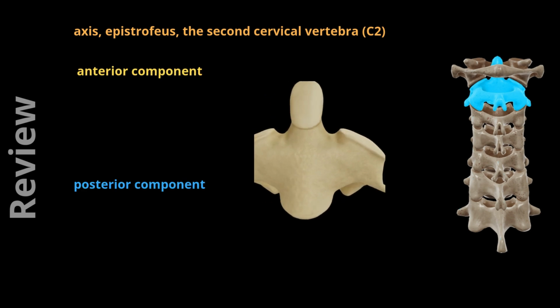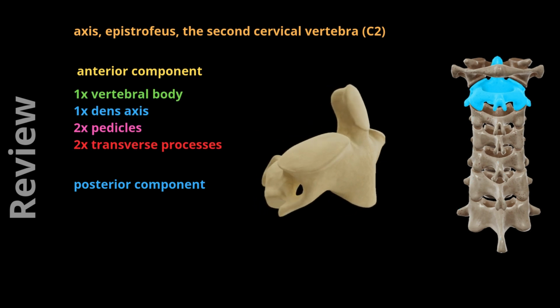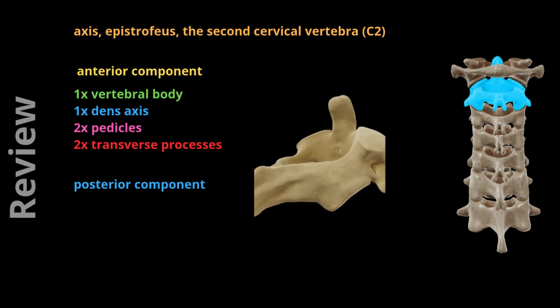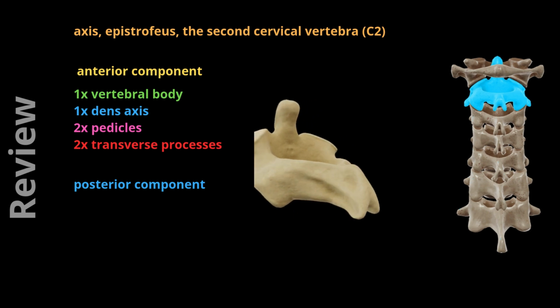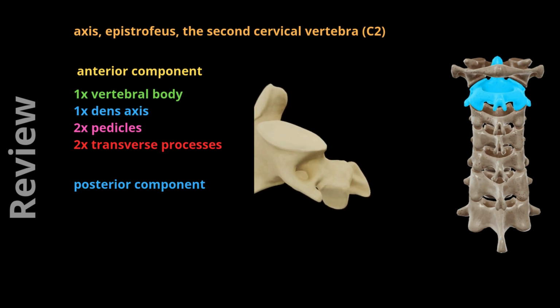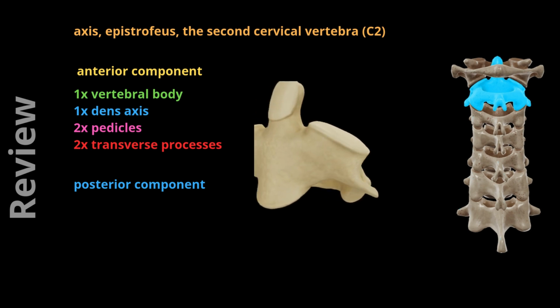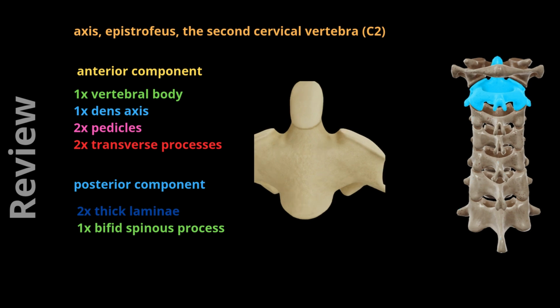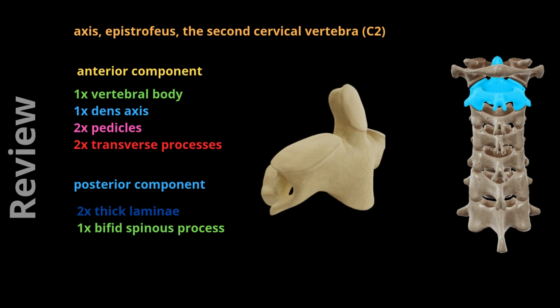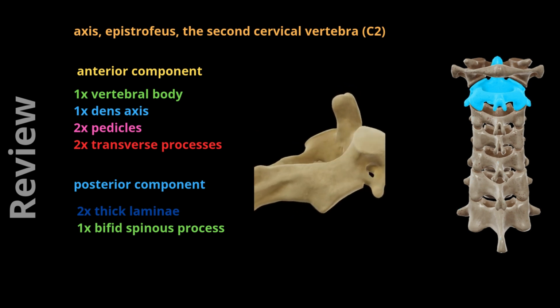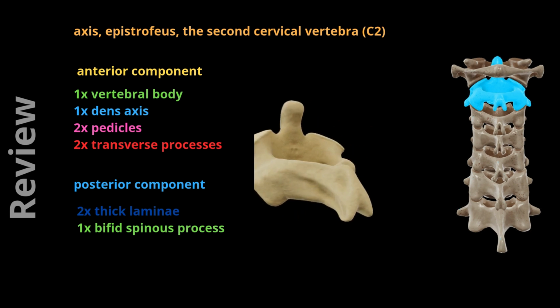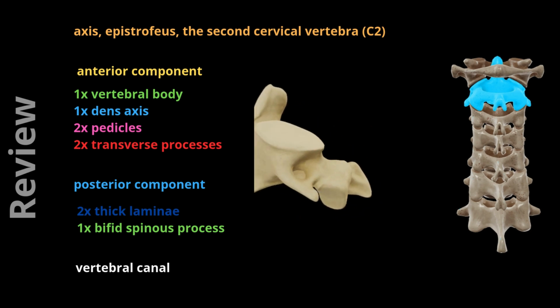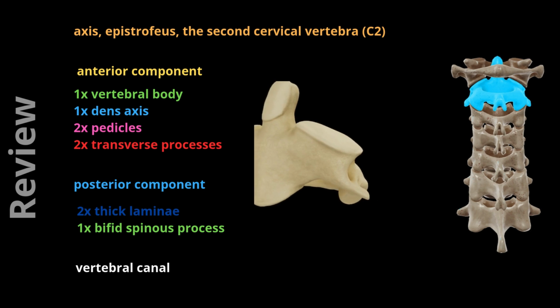Anteriorly, the axis consists of one vertebral body, one dens axis, two pedicles, and two transverse processes. Posteriorly, it is composed of two thick laminae and a large, often bifid, spinous process. These anterior and posterior components together form a circumference called the vertebral canal, that provides passage for the spinal cord.